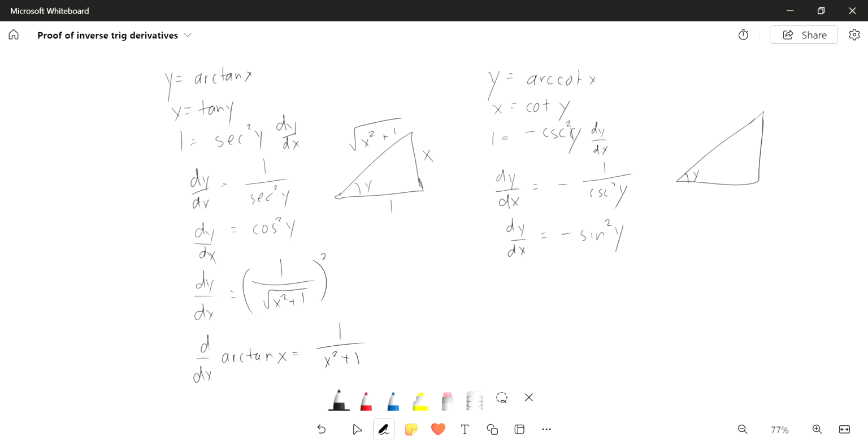And if we were to draw a triangle, cotangent is adjacent over opposite. So that means this side is now x and this side is 1. But our hypotenuse is actually the same.